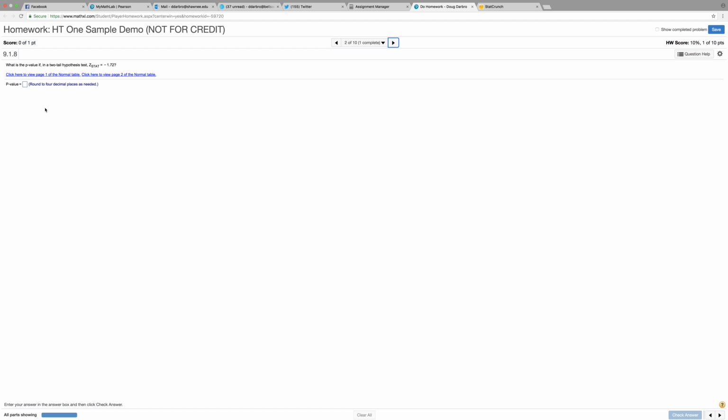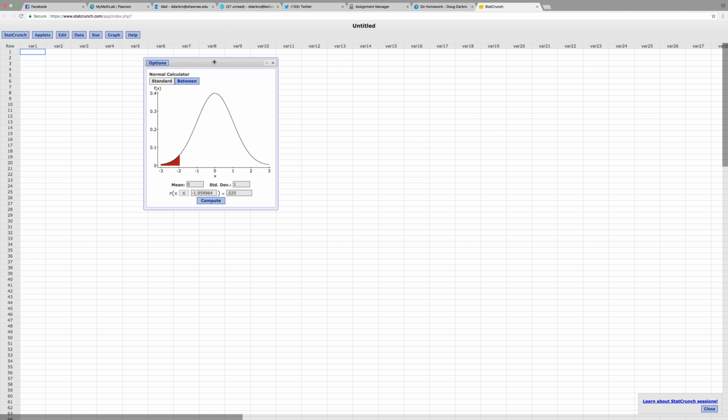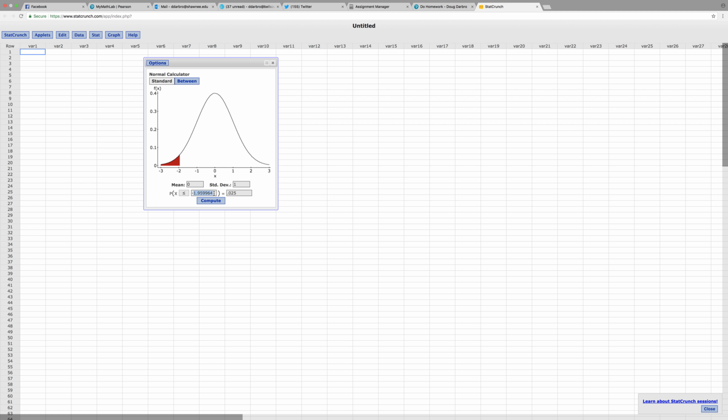Okay, what is the p-value if in a two-tail hypothesis test our z-stat is negative 1.72? Well, we've got to go to our calculator. Since it's negative, we're going to go less than negative 1.72.